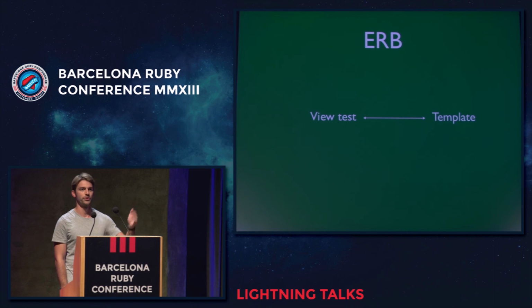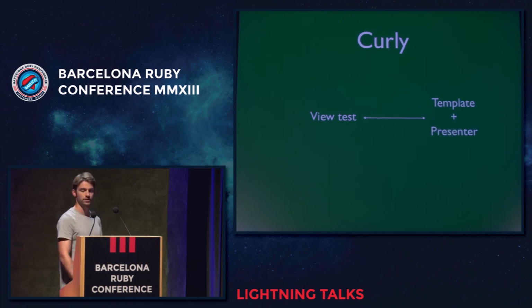You render the view with all the variables, and if there's some logic in there that you want to test, you'll have to parse through the view afterwards and figure out what happened, and if that matched whatever you expect it to be. But it's kind of tedious. You have to parse the string you get back. It's not really optimal.